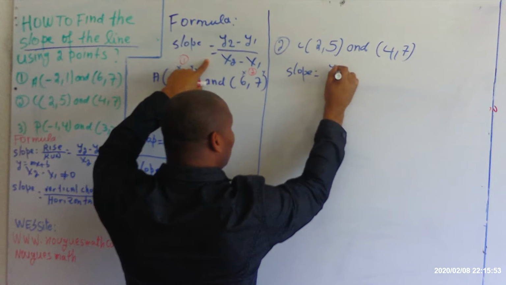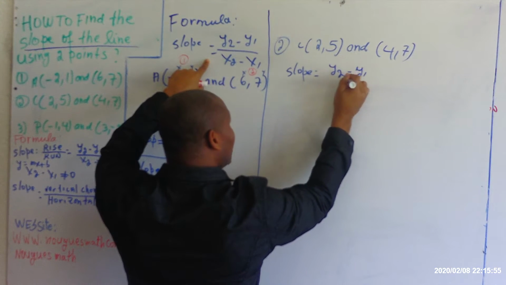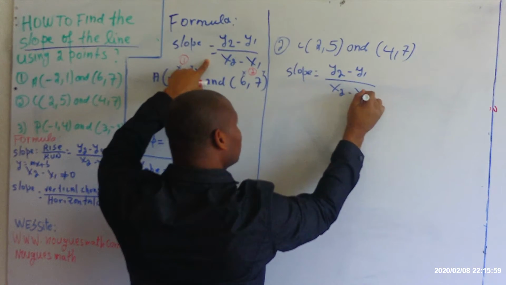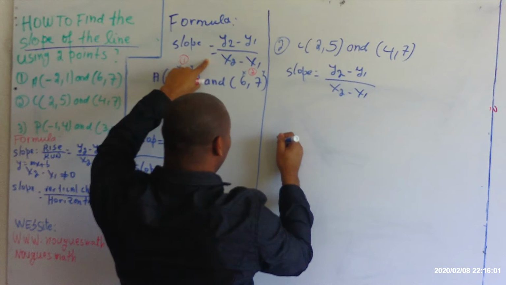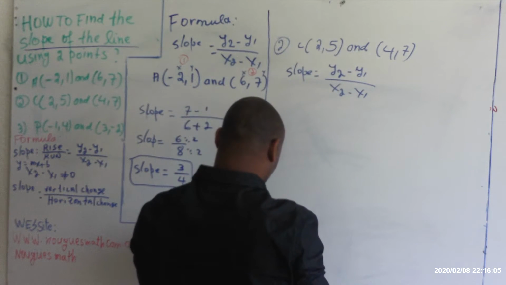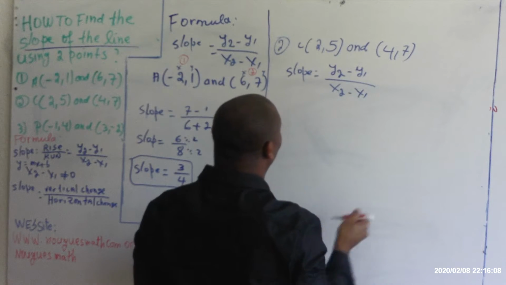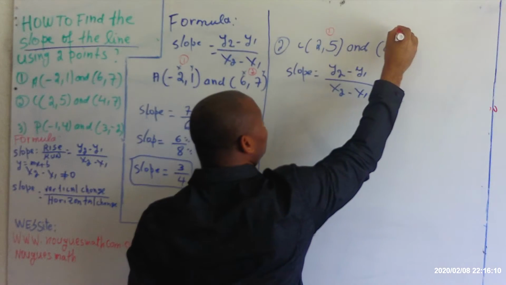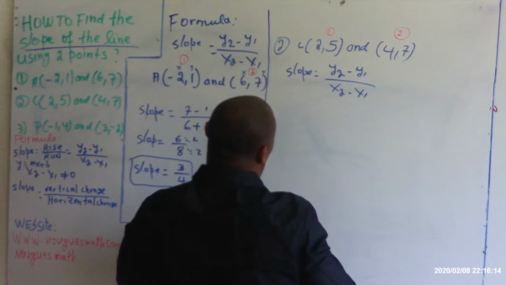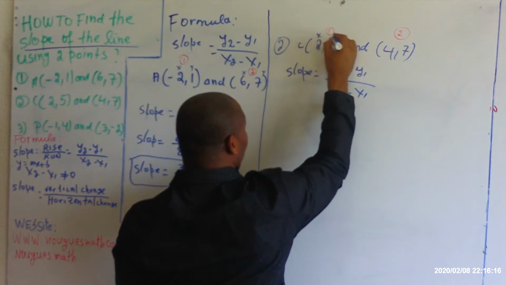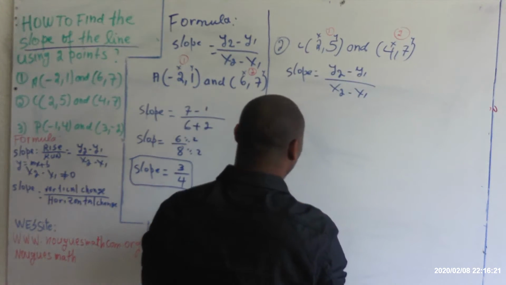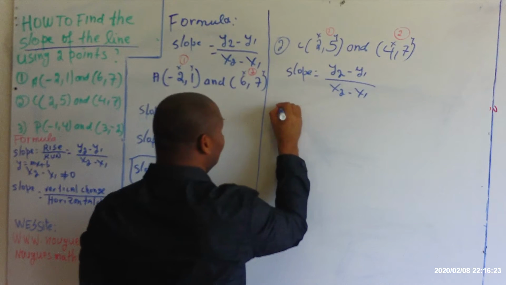The formula is y2 minus y1 over x2 minus x1. So remember, let's do the same technique. This is 1, this is 2. This is x, this is y. This is x, this is y. Okay, so let's start.